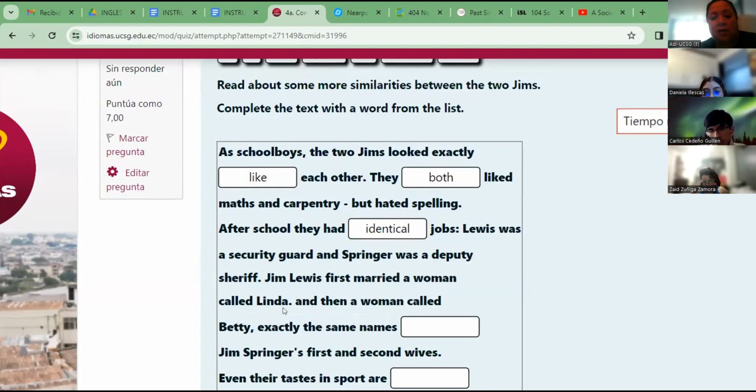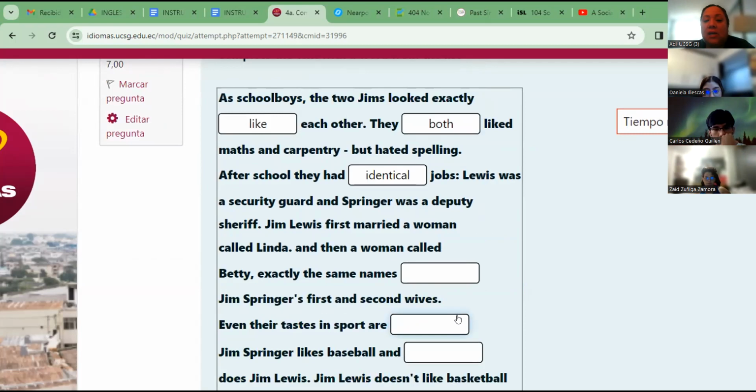Jobs: Lewis was a security guard and Springer was a deputy sheriff. Good, Daniela, thank you. Can you continue, please, Stephanie?